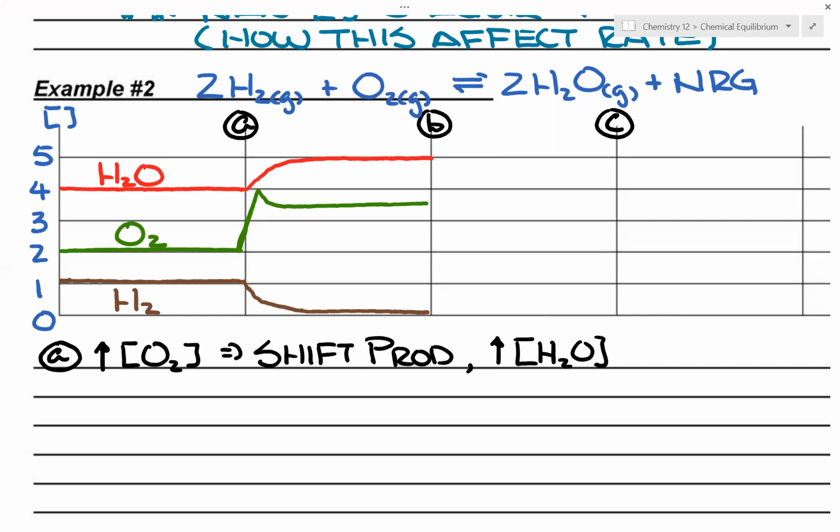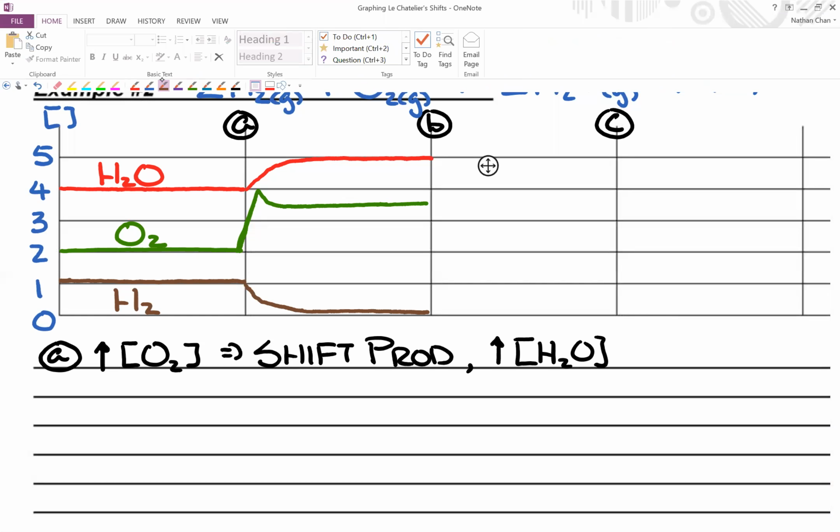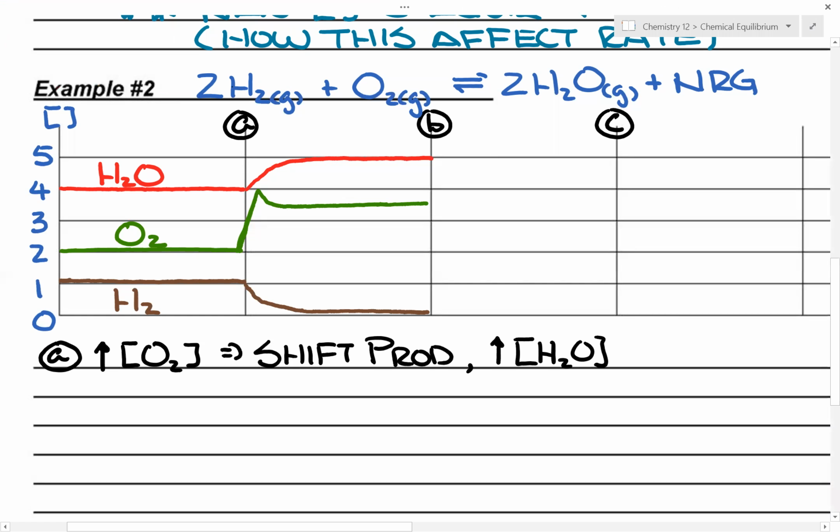So in this case, for scenario B, let's do it this way. Let's say we increase the pressure.